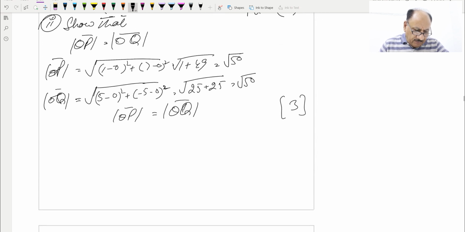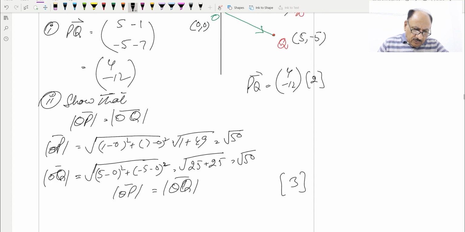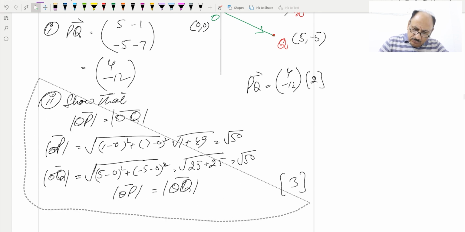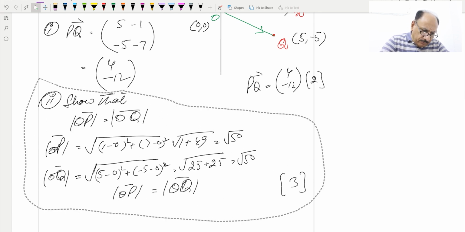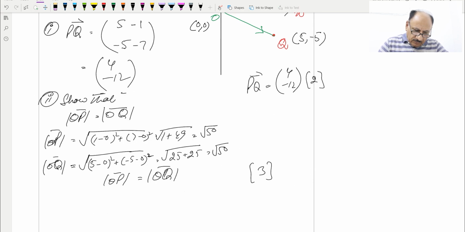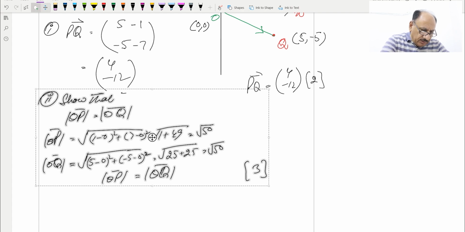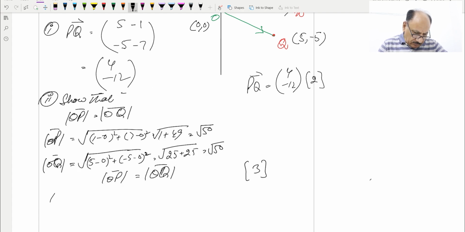Now for the third part, we can shrink a little so that we have proper place for the third part as well. The third part is: PQ is a chord of a circle with center O. Calculate the circumference of the circle.